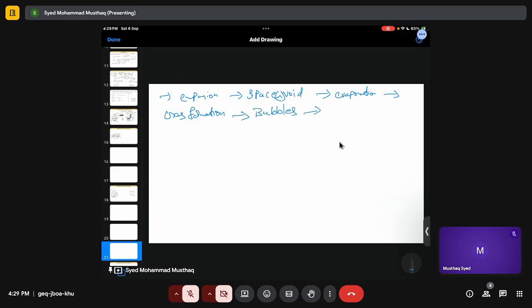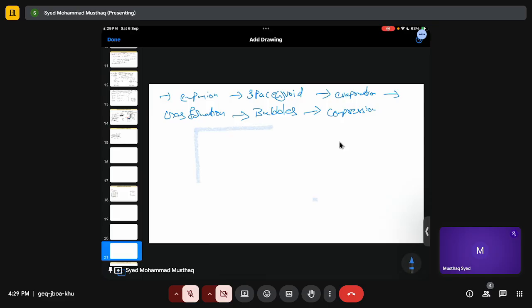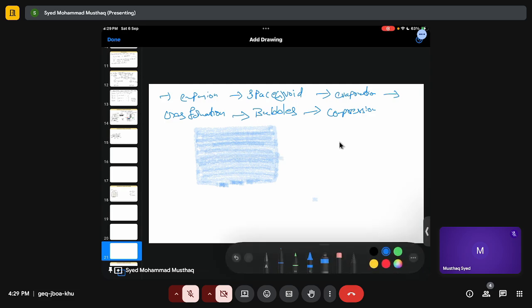And again, when you have compression, these bubbles will coalesce. Right. They will combine and form one big bubble.